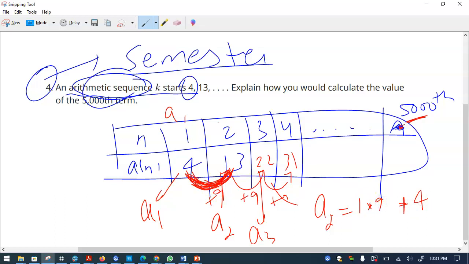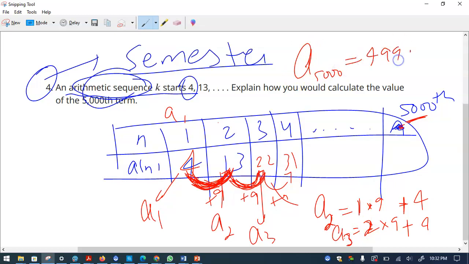So A3 will be 2 times 9 plus 4, the 4 from the beginning. So there is a relation between 2 and 1, 3 and 2. So if it is A of 5,000, you have to multiply 1 less, 4,999 times the difference d, and then plus 4.